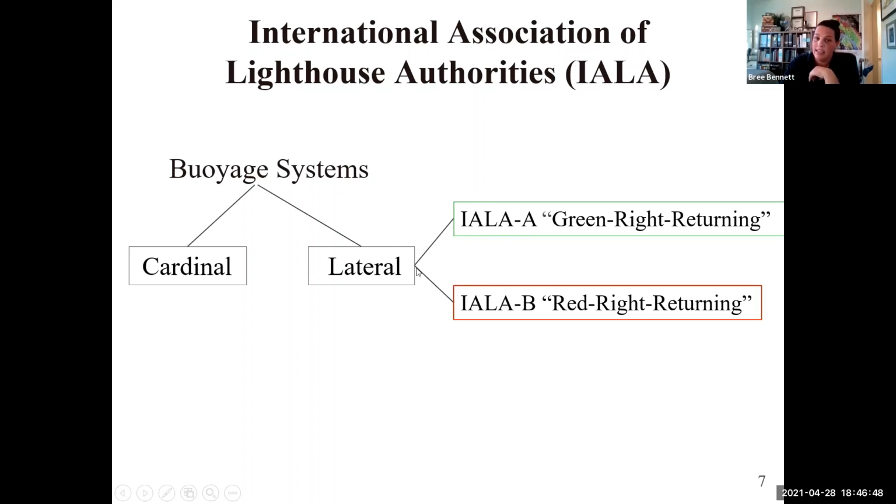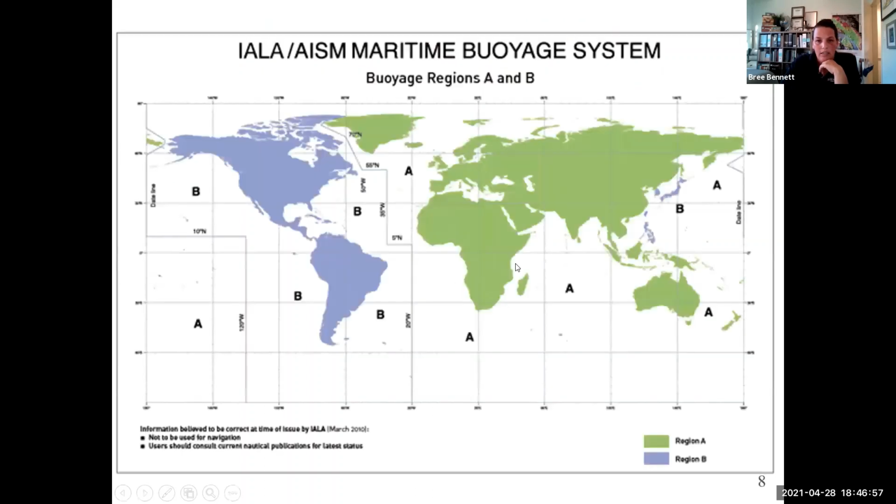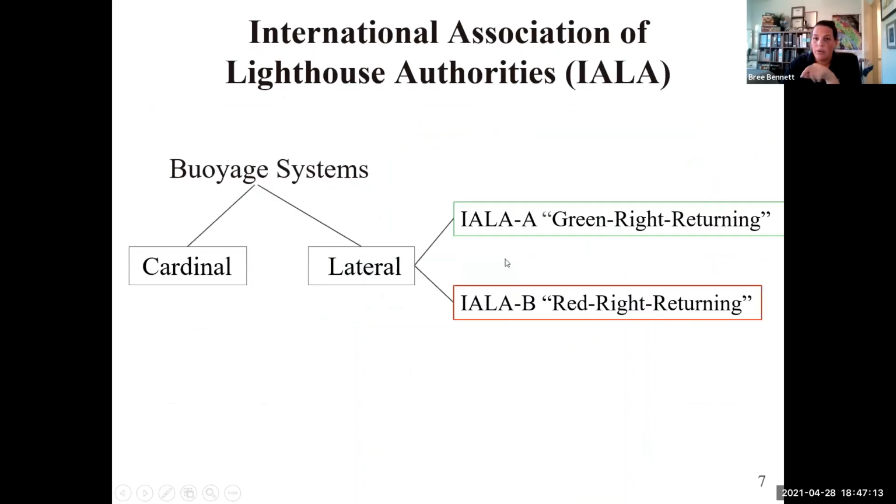And within the lateral system, we have IALA A and IALA B. So let me show you that. If we're in the United States, or South America, North America, and then we have Japan, South Korea, and the Philippines, we are in IALA B, where we have that red right returning.